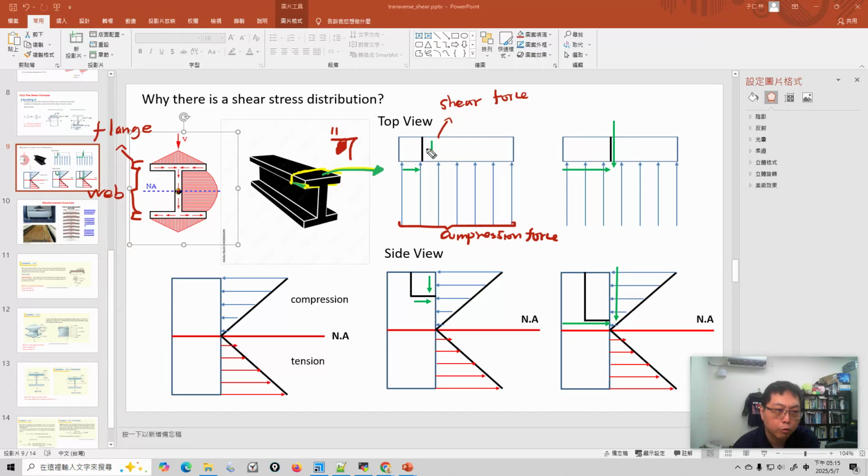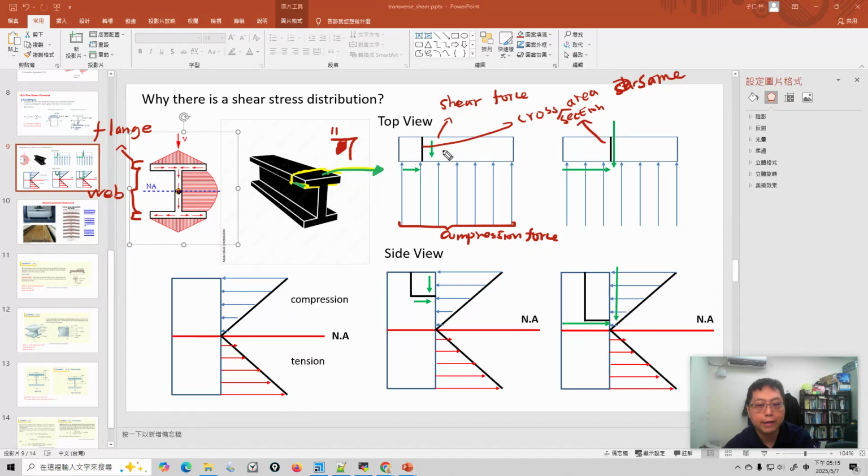And because the cross-section area is the same, cross-section area here is the same, when we have larger and larger shear force and the cross-section area is the same, that means we'll have larger and larger shear stress from the end to the center.